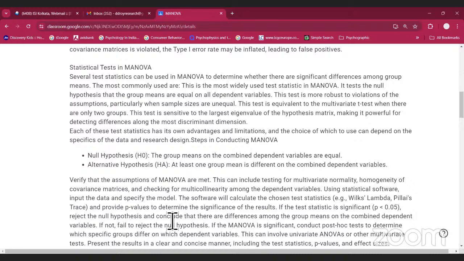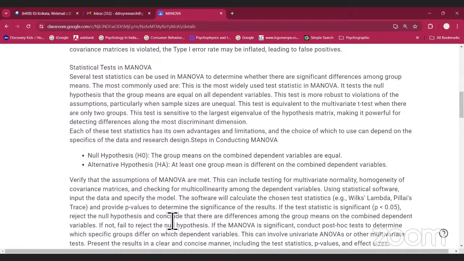If the MANOVA is significant, conduct a post hoc test to determine which specific groups differ on which dependent variables. Now, this part is very important since it deals with the linear combination of the effect of independent variables on the set of dependent variables.